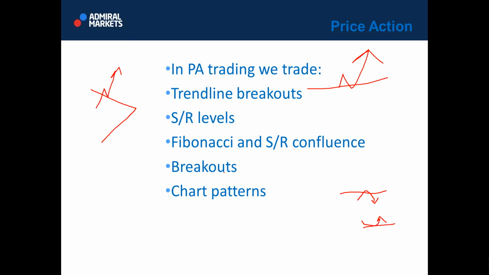Then we use, as I said, breakouts and chart patterns. So those are things which we trade: usually trend line breakouts, support resistance levels, Fibonacci and support resistance confluence, breakouts and chart patterns.